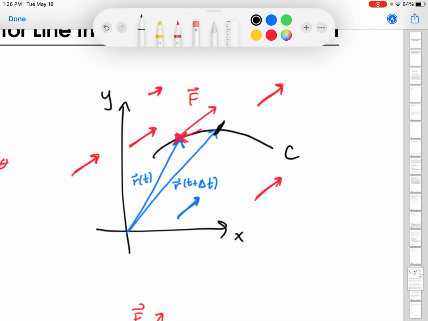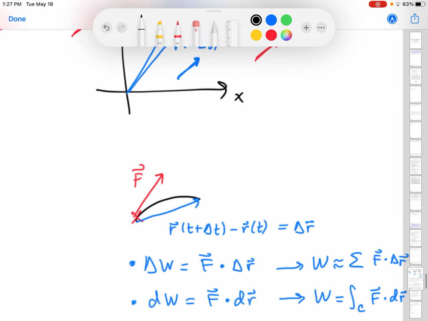Then what I'm going to do now is use these two blue vectors that determine the initial and final points of the bead along the curve to tell me what the displacement was, what the change in position was. So that's this picture down here.